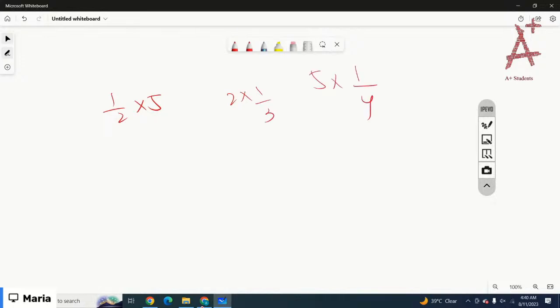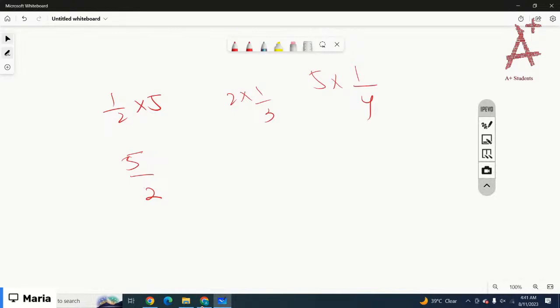Let's just solve them. Okay, 5 over 2. You can see numerator is greater than denominator. 5 is greater than 2, right? That means it is greater than 1.